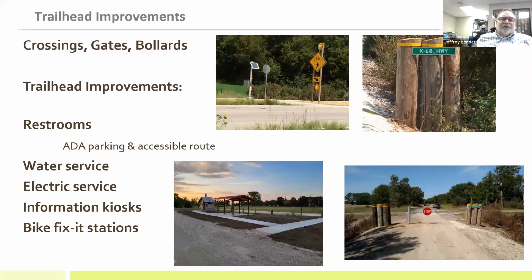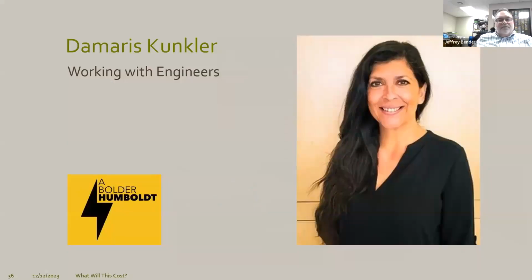So electric service, water service, flashing lights at any highway crossings. If you're using any federal or state grants, you're going to end up being required to get good engineering on all those things. So that was quick, but that's all I got.